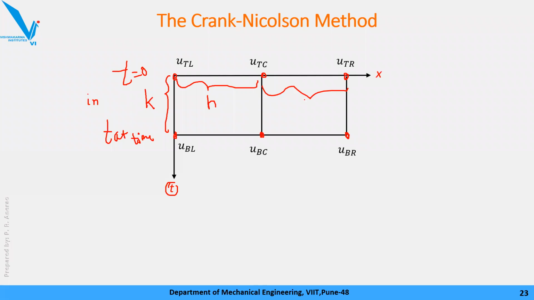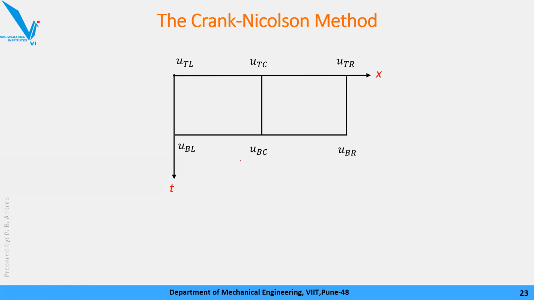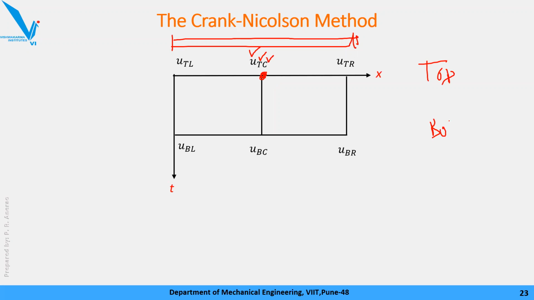Okay, now your insulated bar is something like this. This is the central point, right? So it is denoted as u, assume the temperature u of the top central node, right? This is the top nodes and these are the bottom nodes.